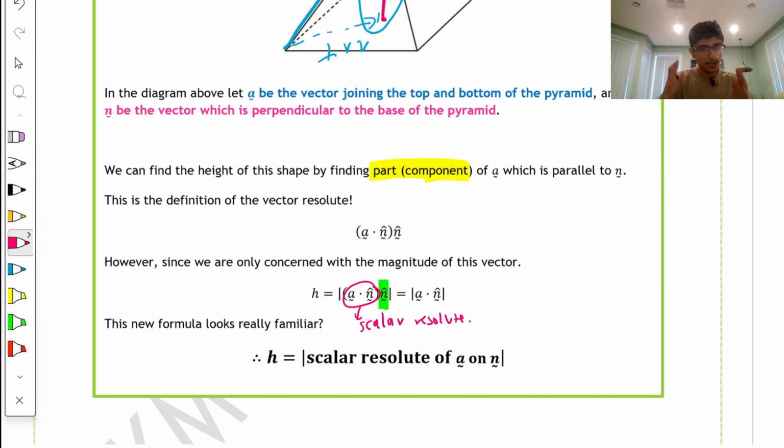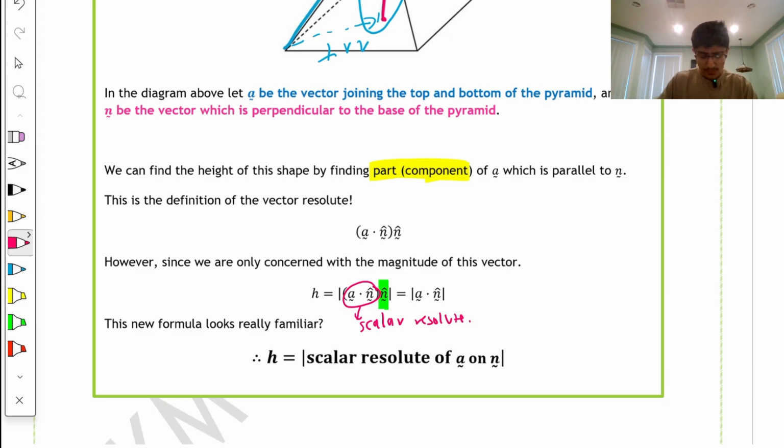But because I'm only concerned with the magnitude, the size, I can actually disregard the unit vector. Why? Because the unit vector has a magnitude of 1. It doesn't actually change the magnitude of the vector. So I can just cut it out, and I'm left with the modulus of A dot unit vector n. And this formula is actually very familiar. It's simply the modulus of the scalar resolute of A on n. Right, so that is how we can calculate the height of any three-dimensional shape.